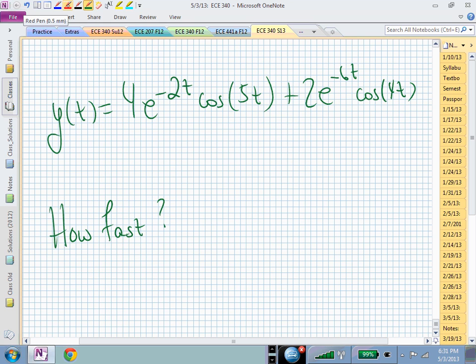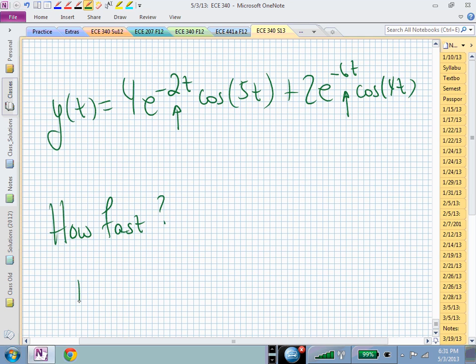So we should be thinking about two different things, really. We have the time constant issue. If I look at that first term, I could say 2 tau 1 is equal to 1, or tau 1 is equal to 1/2.